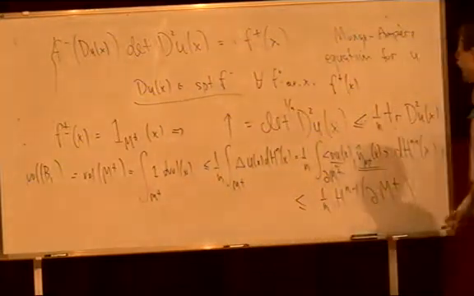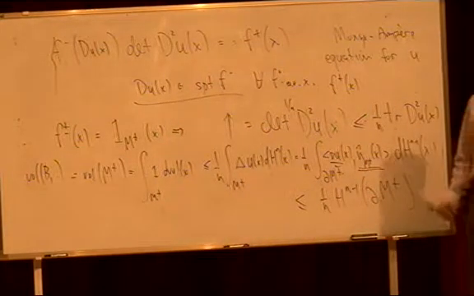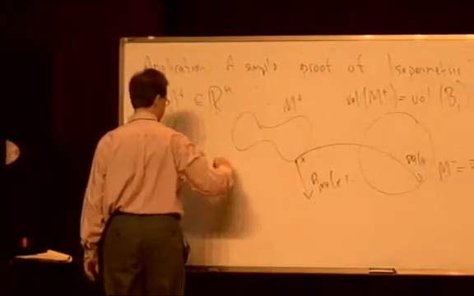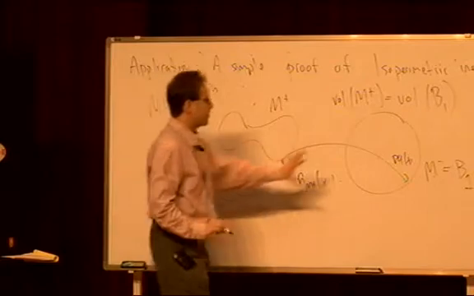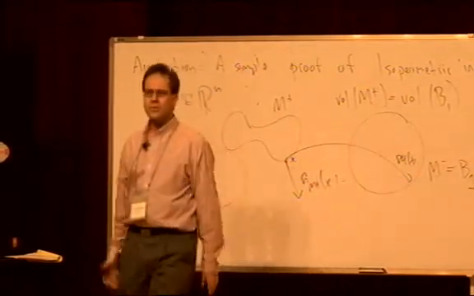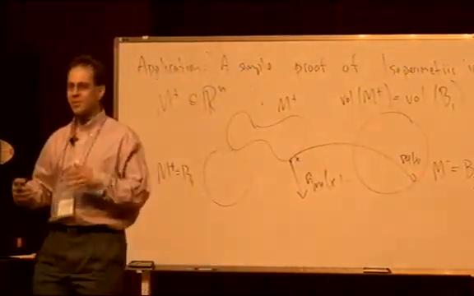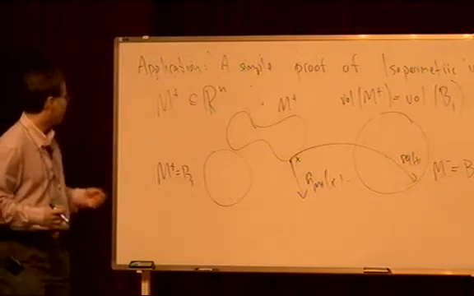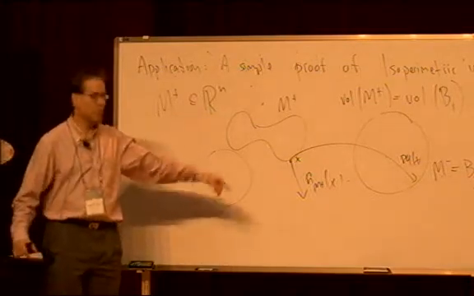And actually, in the special case where you happen to take M plus to be the unit ball, then I'm trying to map the same set to itself. What do you suppose is the minimum squared-distance distorting map from the unit ball to itself?